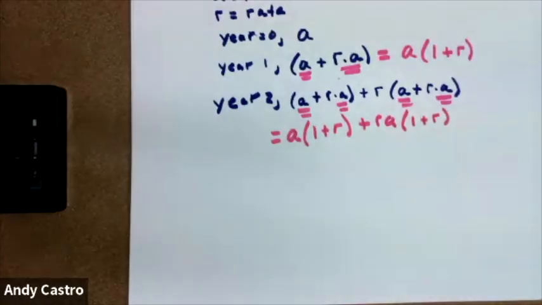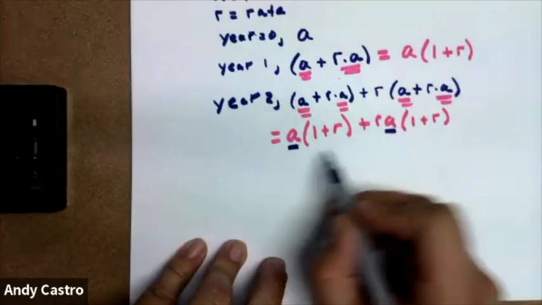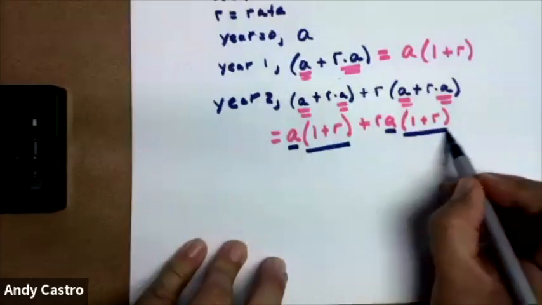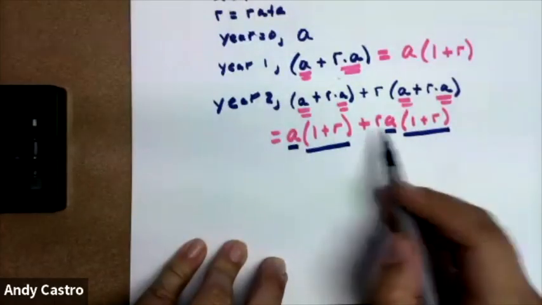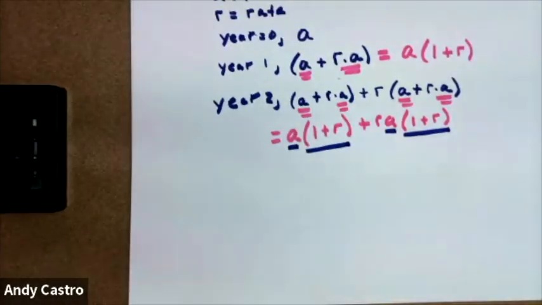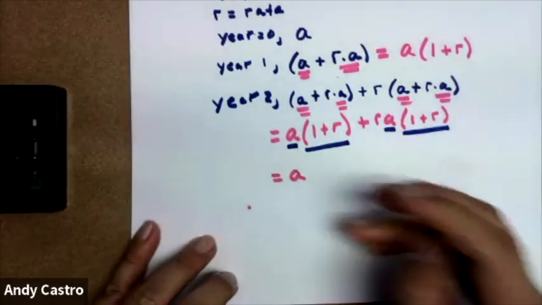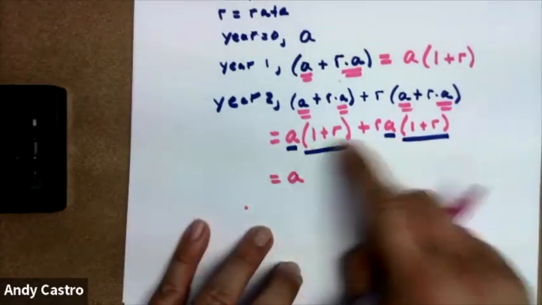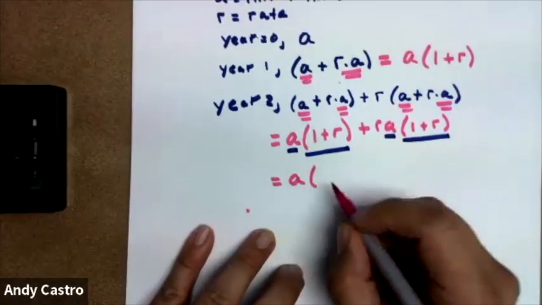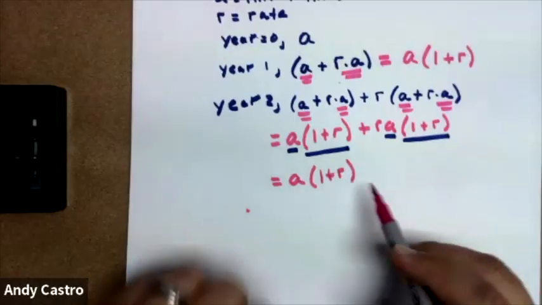Now you'll notice that A and 1 plus R exist in both terms. So I can now pull that out. I pull the A out, it gives me A, and then I pull the 1 plus R out. And what's left?